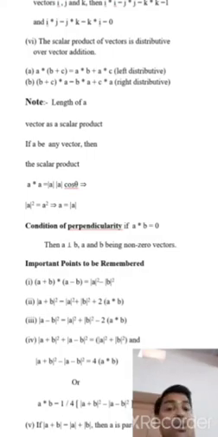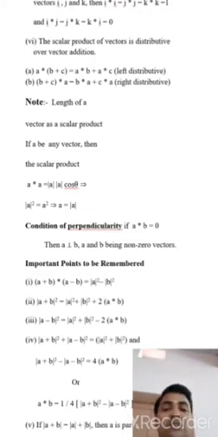Okay, note, the length of a vector is given by a scalar product. If A is any vector, then the scalar product A·A equals magnitude of A times magnitude of A times cos theta.